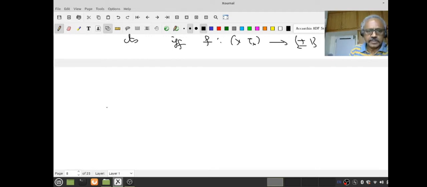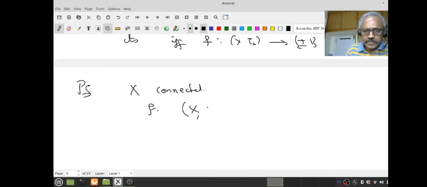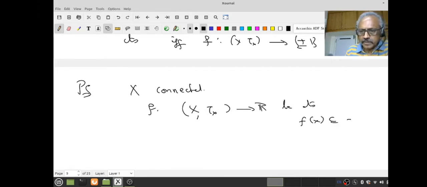Now let's prove it. Proof. Suppose X is connected. Let f from (X, tau_X) to R be continuous with f(X) contained in {plus or minus 1}. Then I want to say f is a constant.